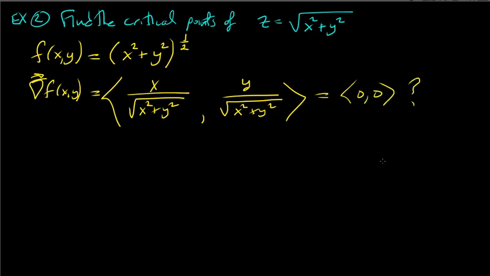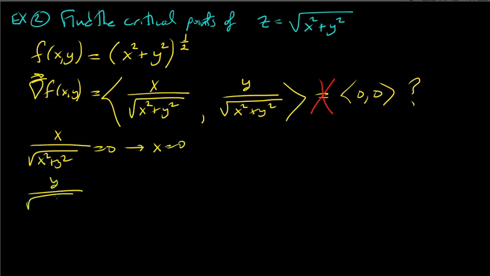Well, be careful. If you're thinking if x is 0, the numerator is 0, but notice the denominator is also 0. So the fact is, this is never going to be the 0 vector, right? If you try to do the same thing we did in the last example, you set this equal to 0, sure, that gives you x equals 0.